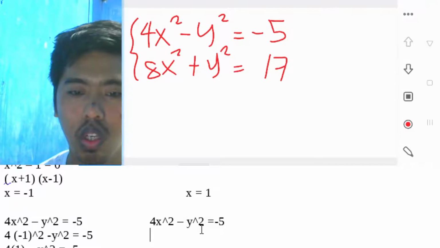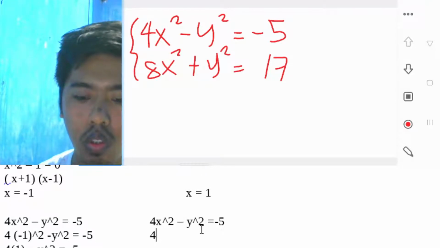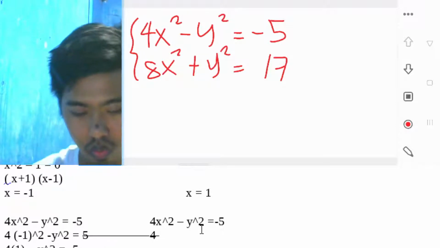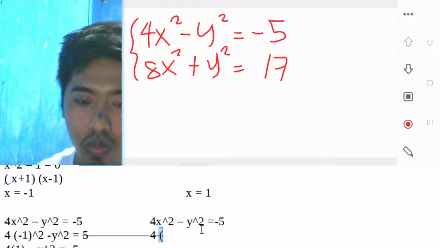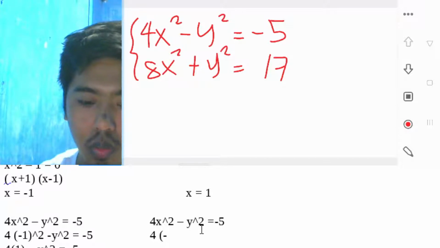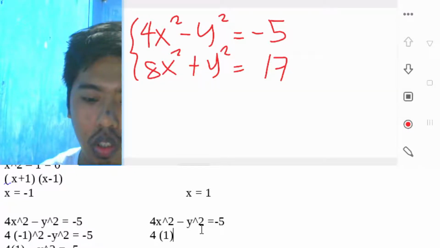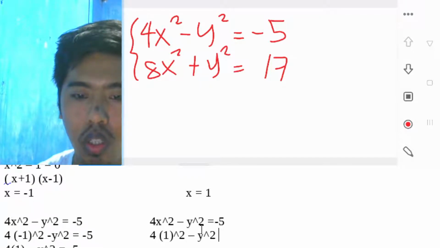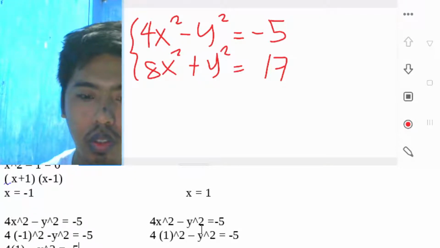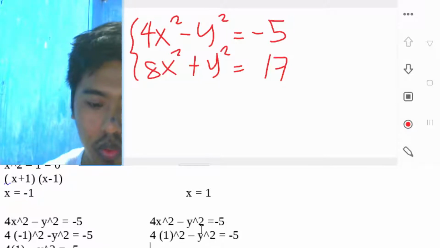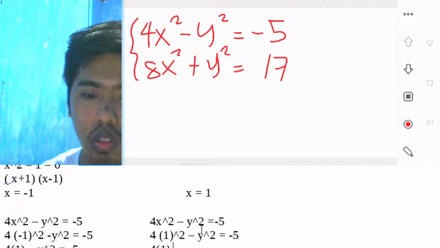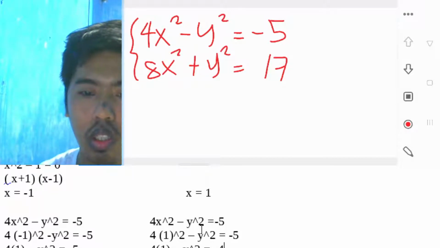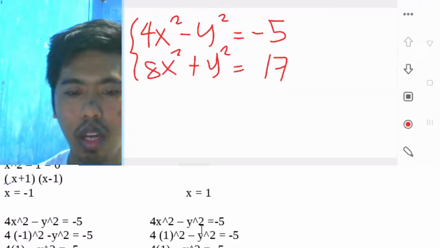This is positive 1 squared minus y squared equal to negative 5. This is 4 times 1 minus y squared equal to negative 5. Same answer.